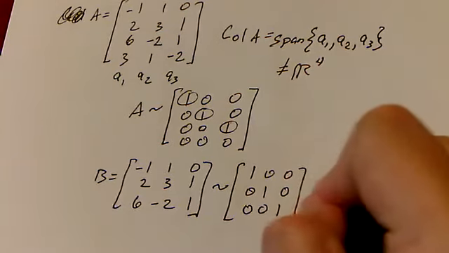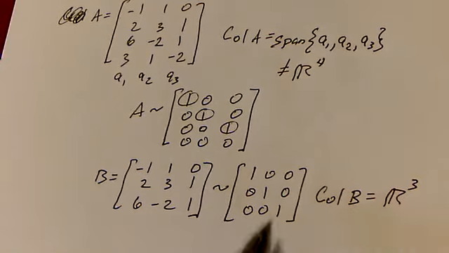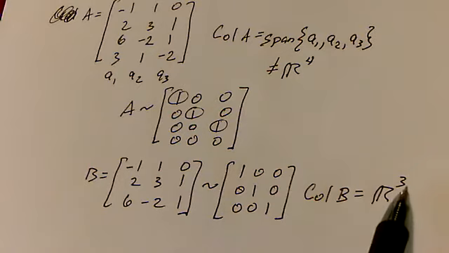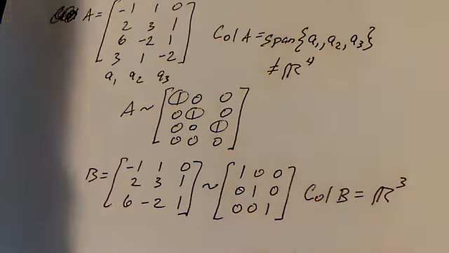And so the column space of B is in fact all of R3 because I have an invertible matrix. That means the vectors span the entire space, the entirety of R3. So the invertible matrix theorem tells me that that is going to be all of R3.